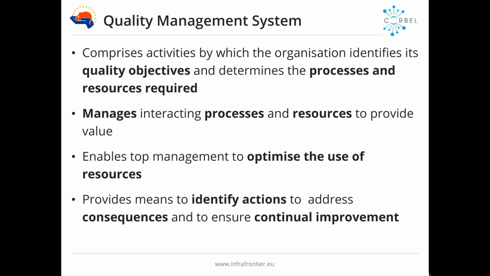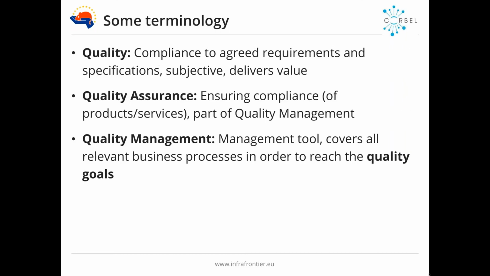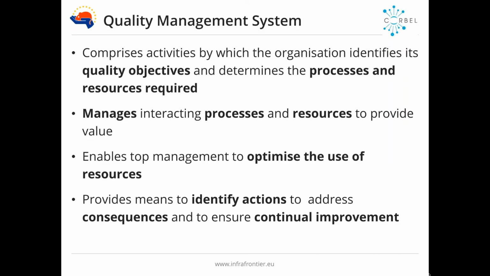And a quality management system comprises the activities by which the organization identifies the quality objectives and determines the processes and resources that are required to reach those objectives. And then it manages these processes and resources to provide value to the customers and the other interested parties.